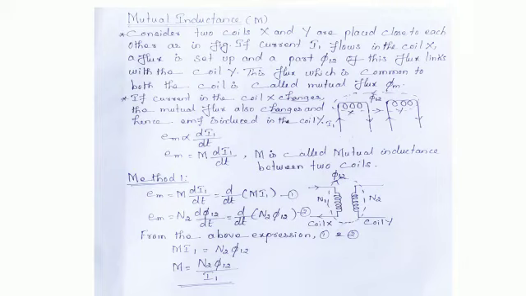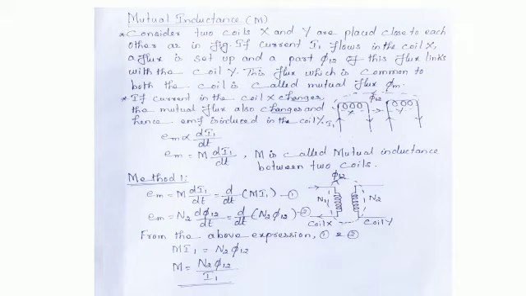So Em is directly proportional to di1 by dt. So Em is equal to M into di1 by dt. M is called mutual inductance between two coils. So here also there are two methods to calculate mutual inductance M. Method 1: Em is equal to M di1 by dt equal to d by dt of M into I1.